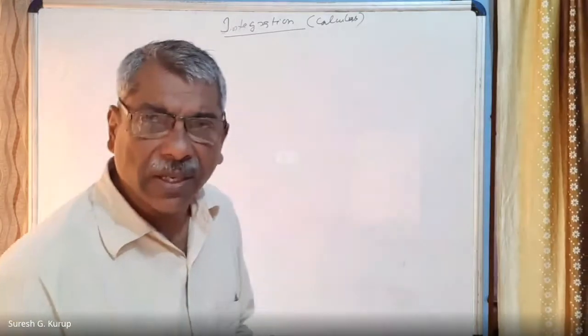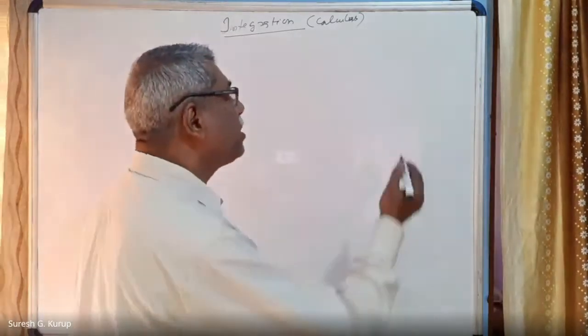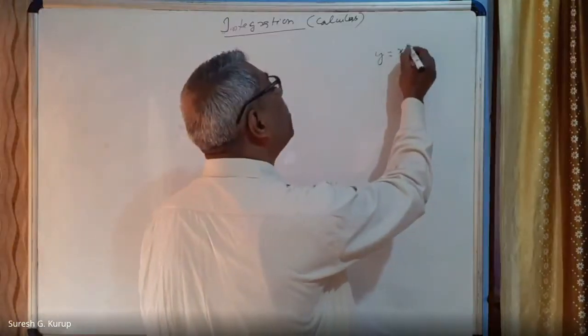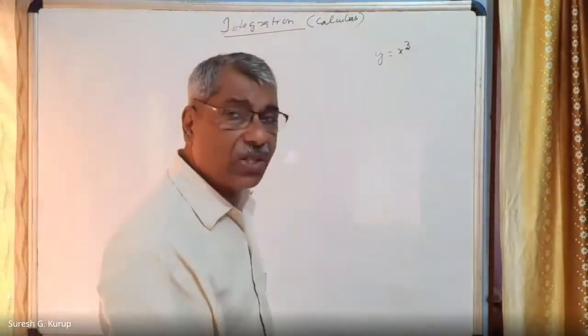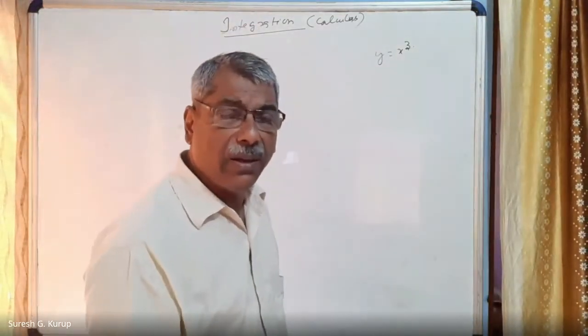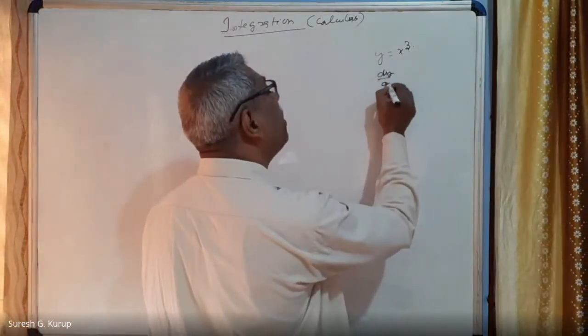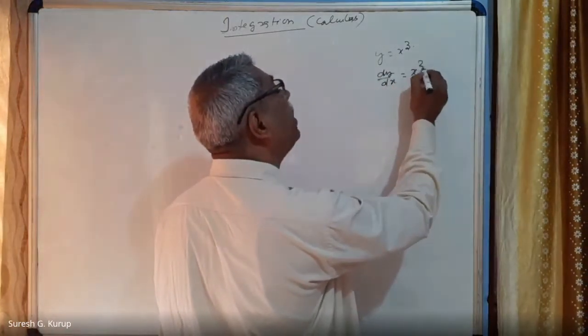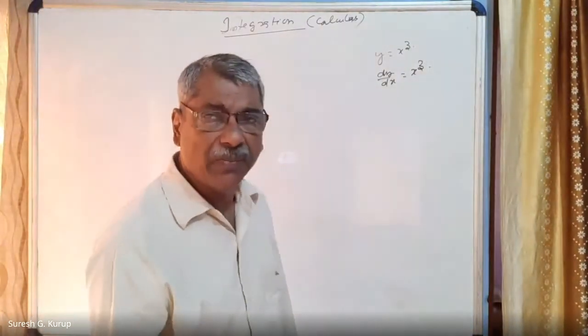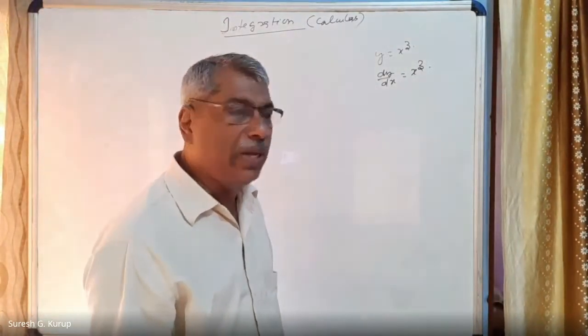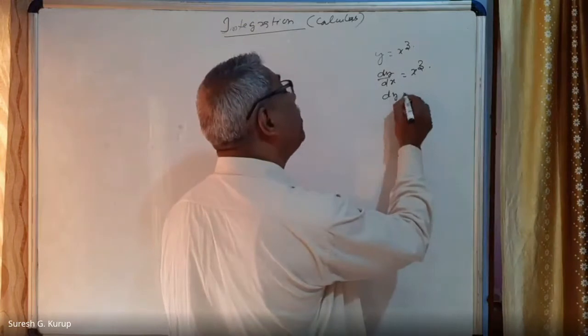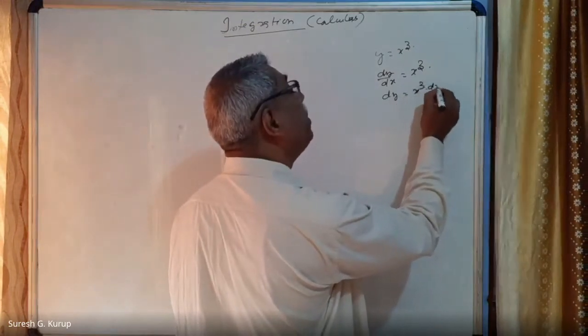For example, suppose y is equal to x cube. If I write so, then what is the differential coefficient of this quantity? dy by dx is equal to x square, we can write. From this relation, we can obtain dy. dy is equal to x square into dx.